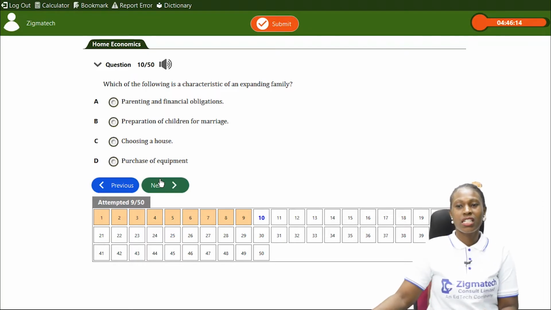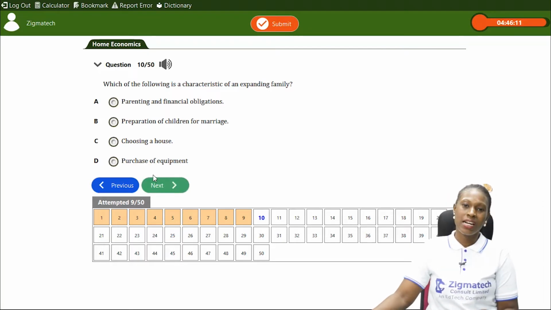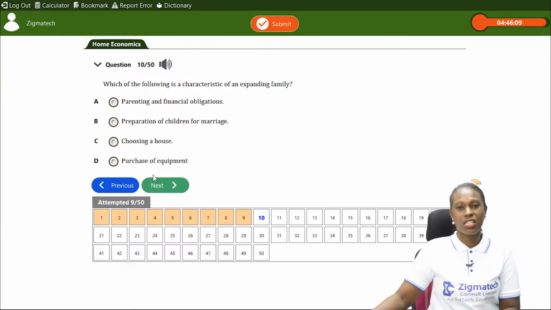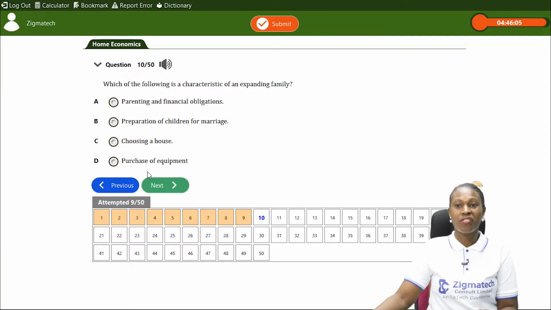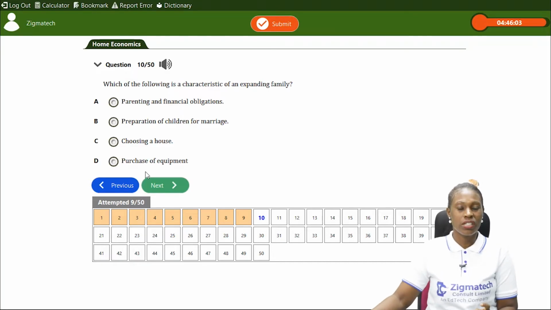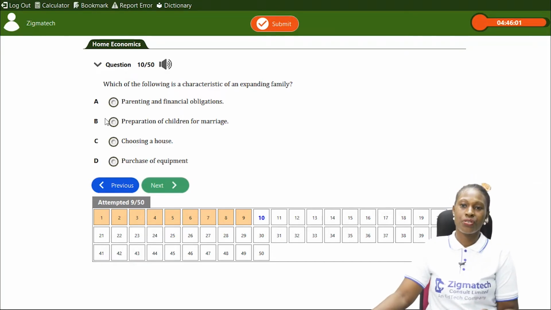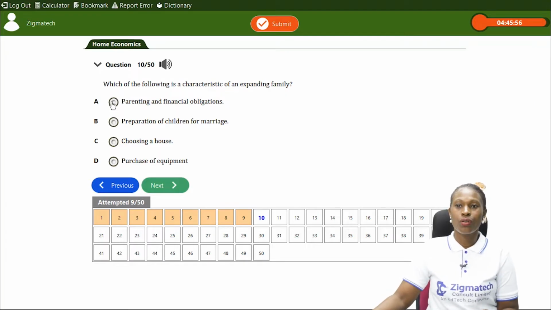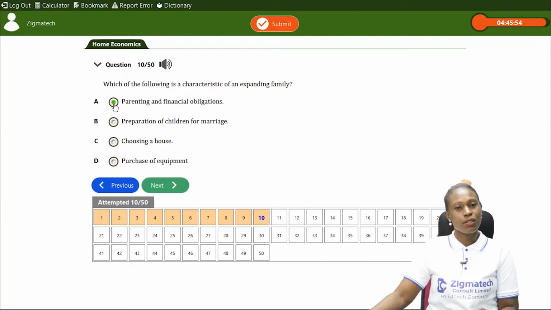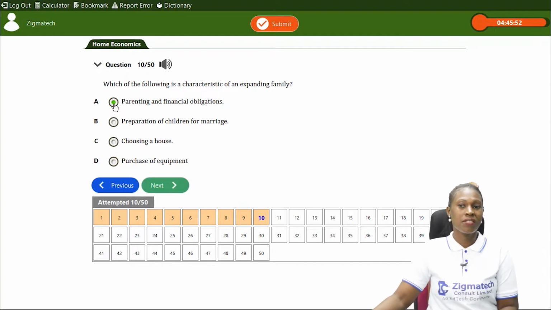Which of the following is a characteristic of an expanding family? Now we have parenting and financial obligations. This is the correct answer. This is very important for an expanding family.